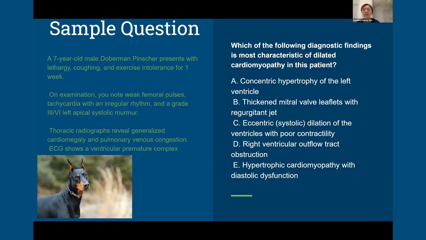What is causing this dilated cardiomyopathy in this patient? Remember, it's a Doberman, and you are seeing some ventricular premature complexes, the VPCs, and you are hearing an irregular rhythm. What are you thinking of right now? What is causing this cardiomyopathy at this moment?